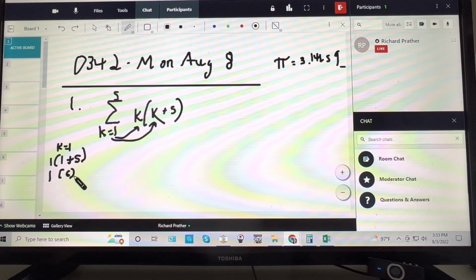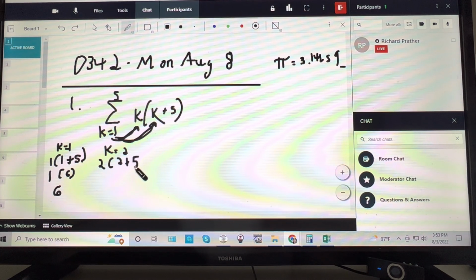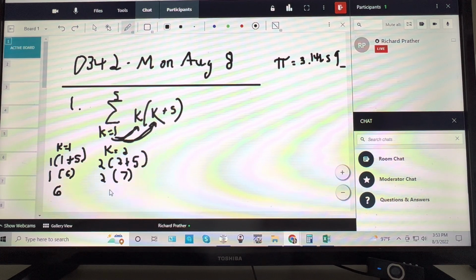And then I can do 1 times 6, and that answer is 6. Now you move to the next number 2 and stick 2's in for these 2 K's. 2 times 2 plus 5. And you do the parenthesis first, so 2 plus 5 is 7. Then 7 times 2 is 14.